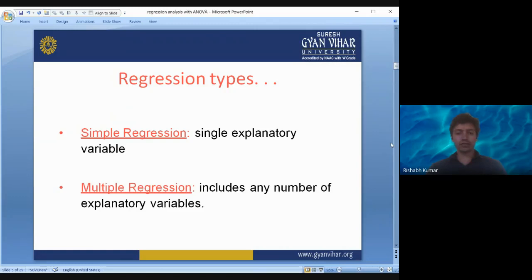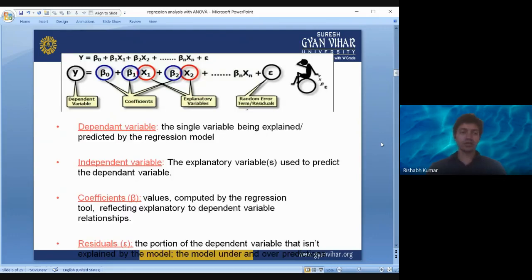Then the other type of regression is multiple regression. It includes any number of explanatory variables, so there may be more than one independent variable, also known as explanatory variables. So this is how the equation is going to be.